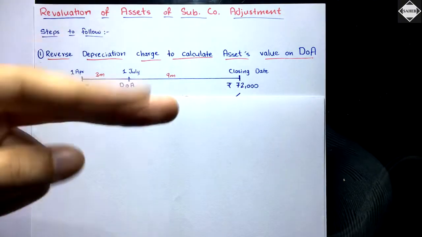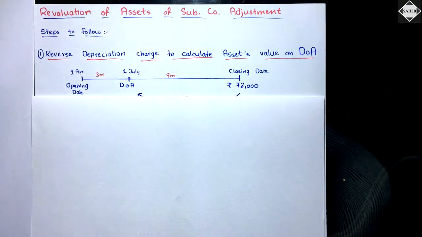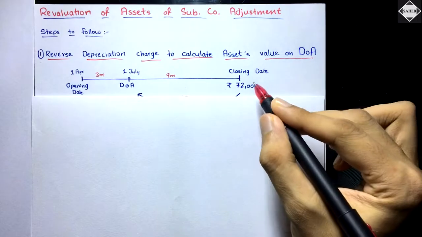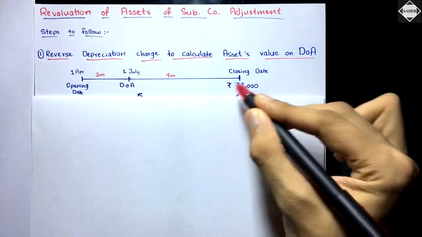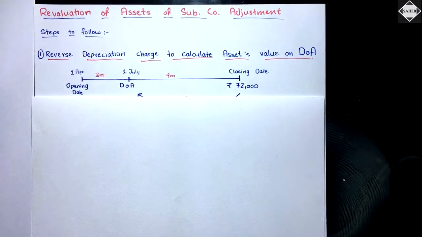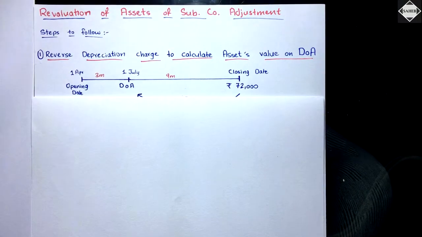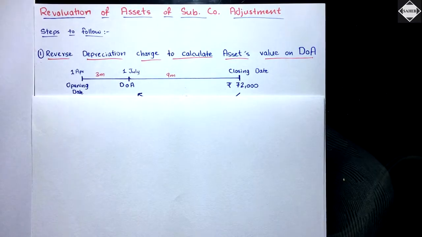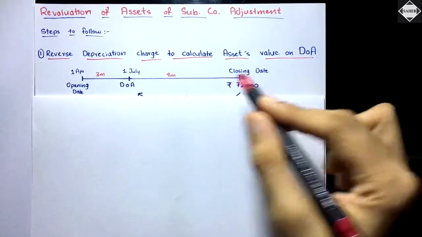Here we have the book value of the asset on the closing date as 72,000. Let's say market value is given as 1 lakh on date of acquisition. But book value is on closing date, not on date of acquisition.